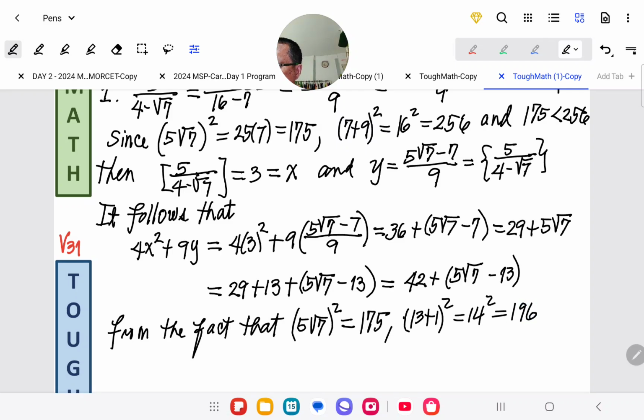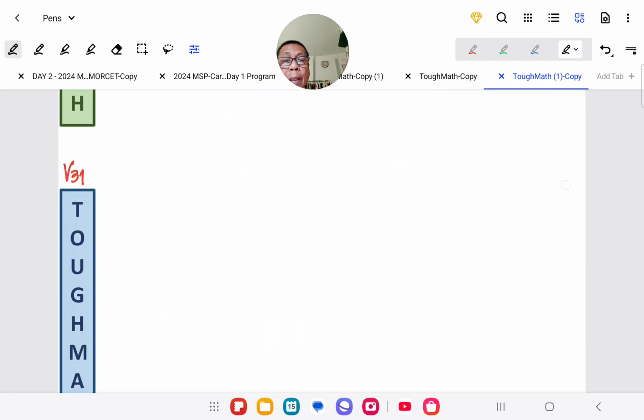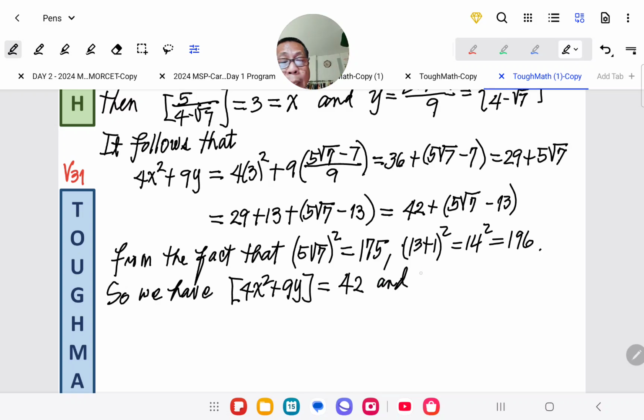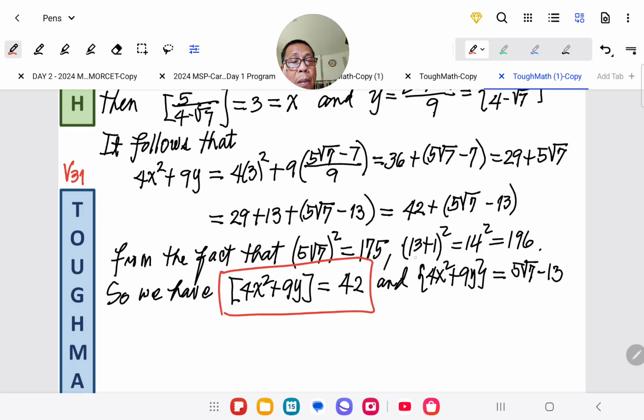So 175 is less than 196. So we have the greatest integer value of 4x squared plus 9y is equal to 42, and the fractional part of 4x squared plus 9y is equal to 5 square root of 7 minus 13. So we have these results.